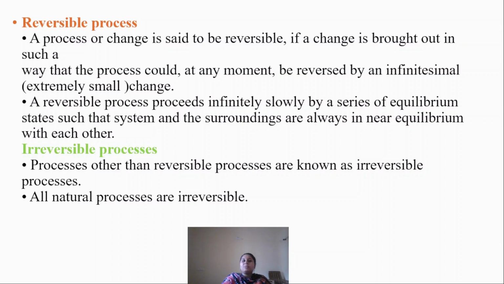So a reversible process proceeds infinitely slowly by a series of equilibrium states, such that the system and the surroundings are always in near equilibrium with each other. The next is the irreversible process. Processes other than the reversible process are known as irreversible processes. All natural processes are irreversible.